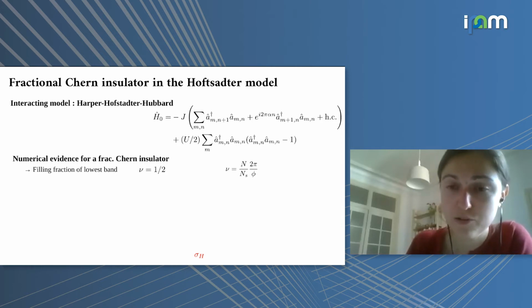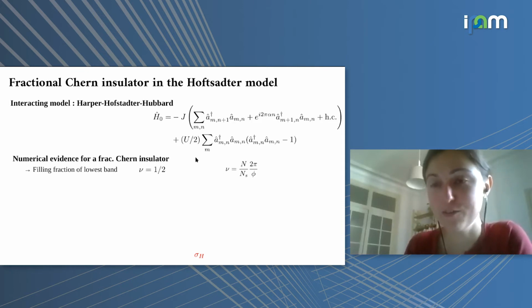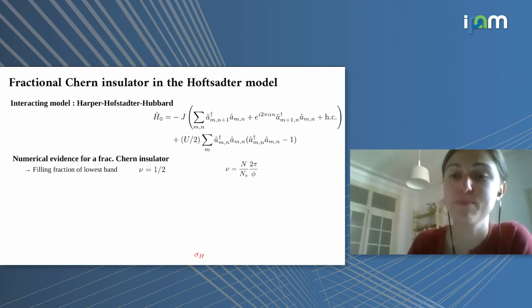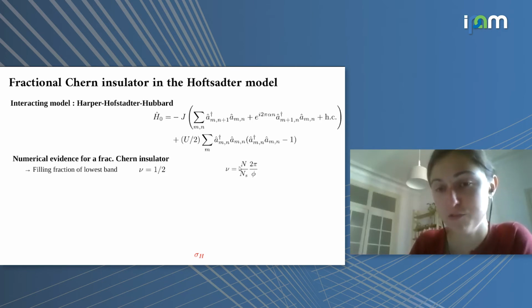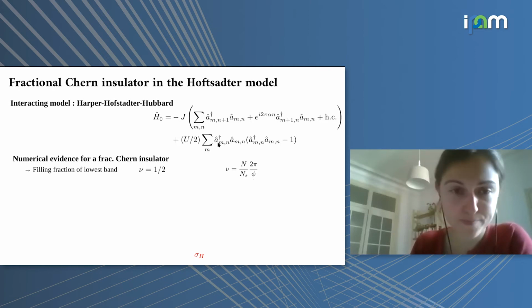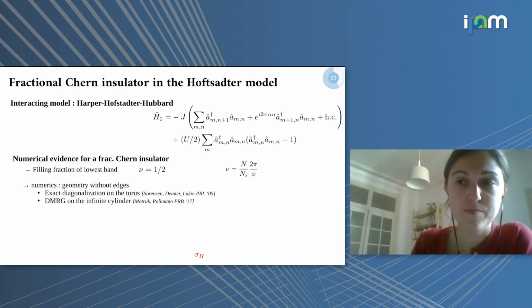So I just want to be a little bit clear about what the filling fraction is. It's not the filling of the lattice, but really the filling of the lowest band. So it's the filling of the lattice, number of bosons divided by number of sites, times 2 pi over phi.